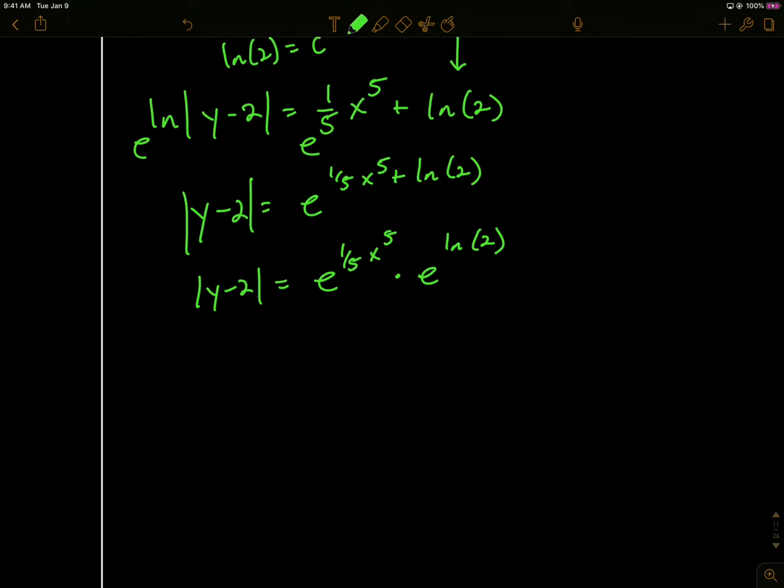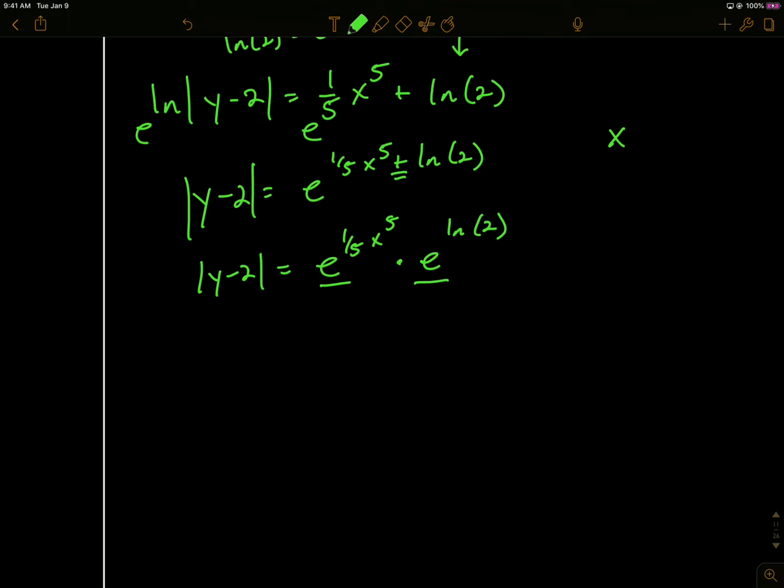Remember that when you multiply bases, you add the exponents. So that's why, because I see addition of the exponents, I can write it as times e to each exponent. So we're kind of doing this. If I saw like x to the 2 plus 3, I can write it as x squared times x to the 3rd, because that's the reverse of the property.